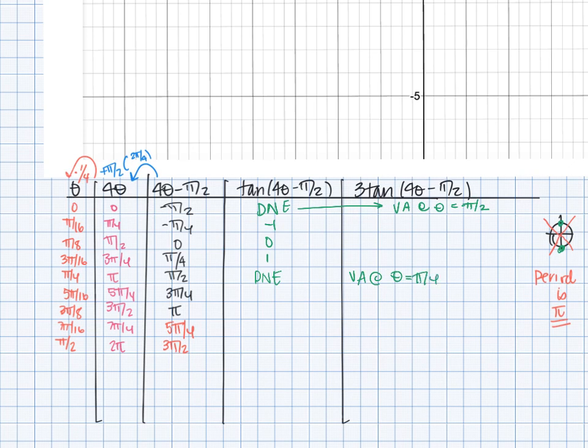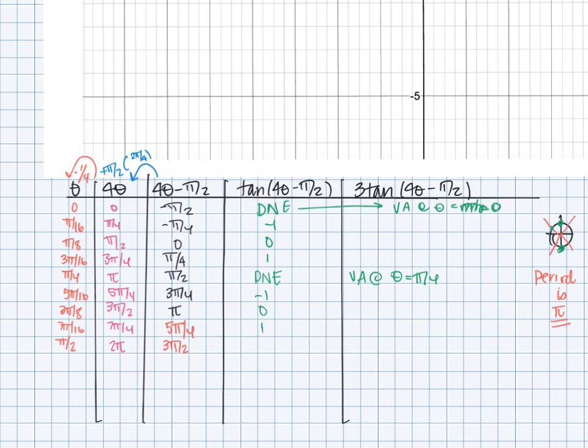I said something wrong up here, so I'm going to go back and fix it. This would be at 0, because we should use the value from here, not here. So I made a mistake there. I've gone back to fix it. Now, 3 pi over 4, we're right here. So remember, that's going to give us a value of negative 1, 0, 1.